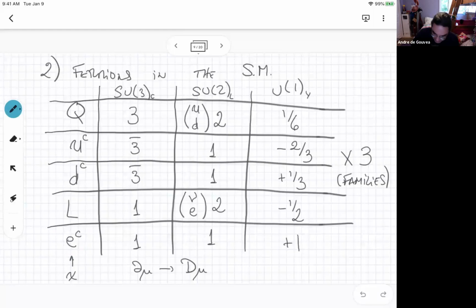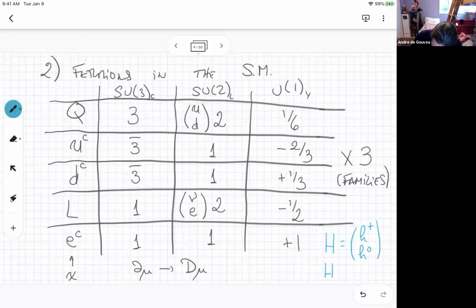The way that we fix that is by adding a new field. And of course, we have to add this new field for other reasons as well. That's the Higgs field. The Higgs field for us will be the same one that Lisa talked about. It's this one. It has a friend, which is the complex conjugate, but flipped version of the field.